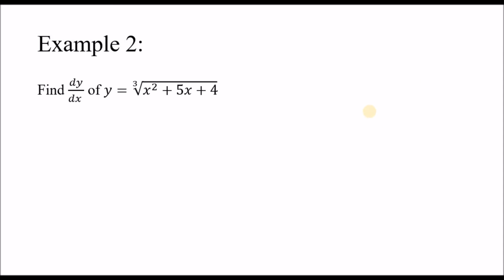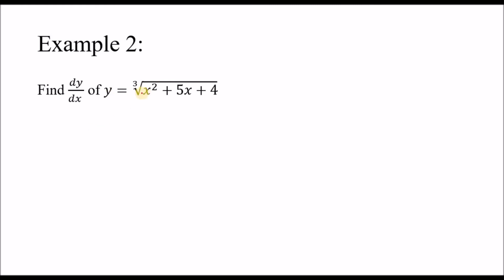Here is another example. We want to find dy over dx of y equals the cube root of x squared plus 5x plus 4. Now, if you're like me, I don't like radicals. I don't like radicals at all. So in order to simplify this, I'm going to remove that radical.